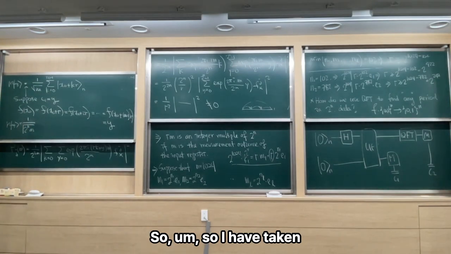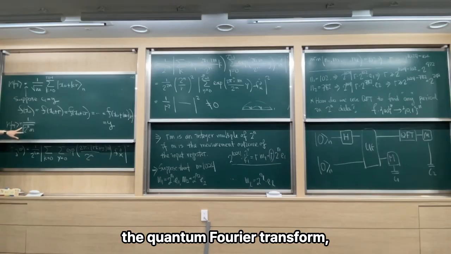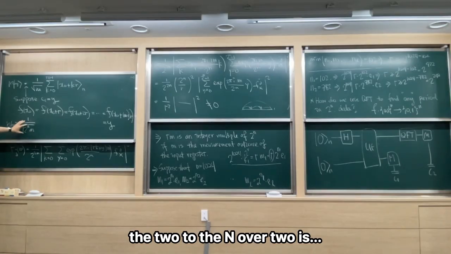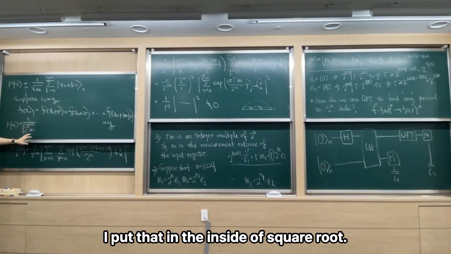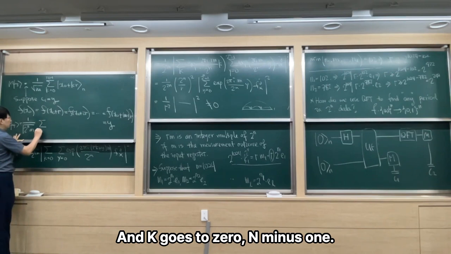So I've taken the quantum Fourier transform. The 2 to the n over 2, I put inside the square root, and k goes from 0 to m minus 1.